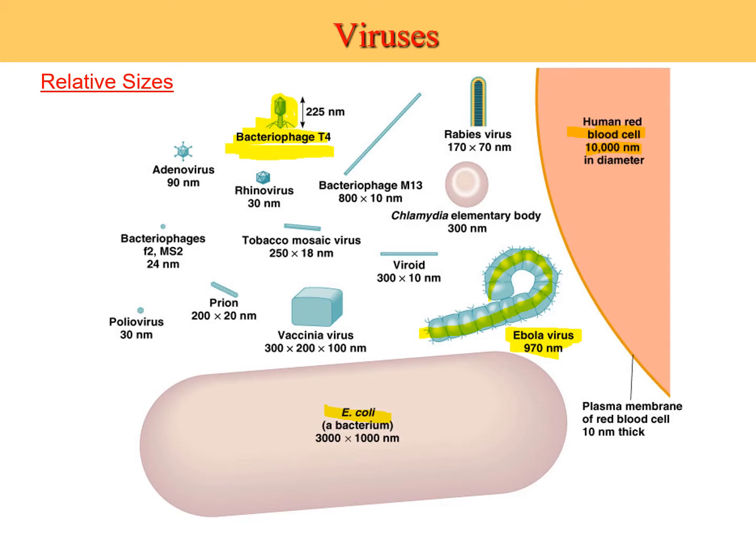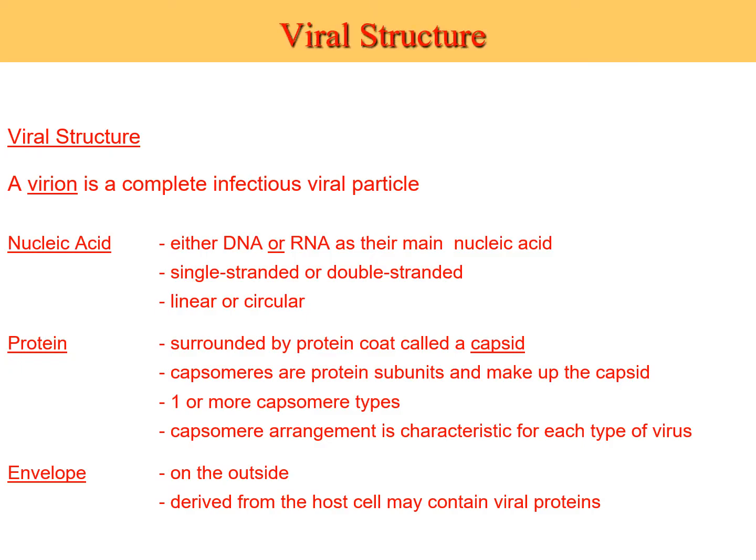Okay, let's move on. The overall structure of a virus is that a completely assembled infectious virus or viral particle is called a virion, and that complete virus contains nucleic acid, which, as I said earlier, could be either DNA or RNA, depending on what virus you're looking at.